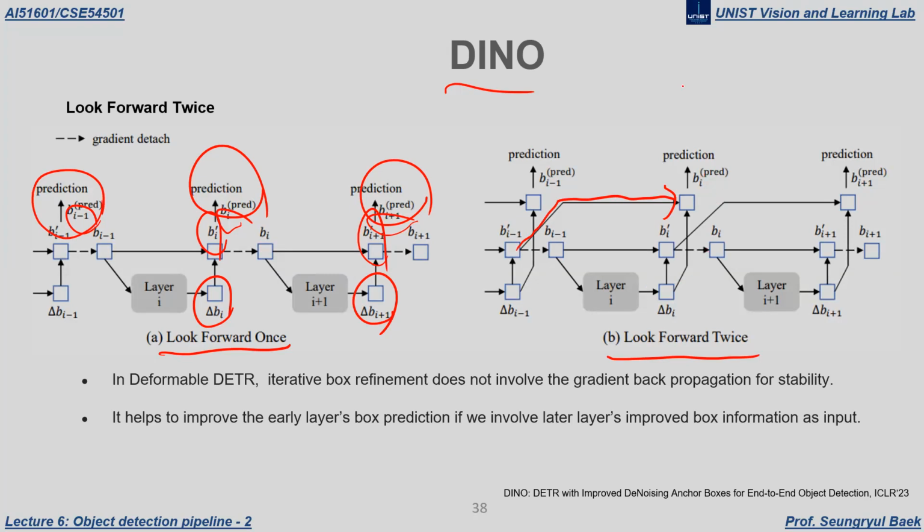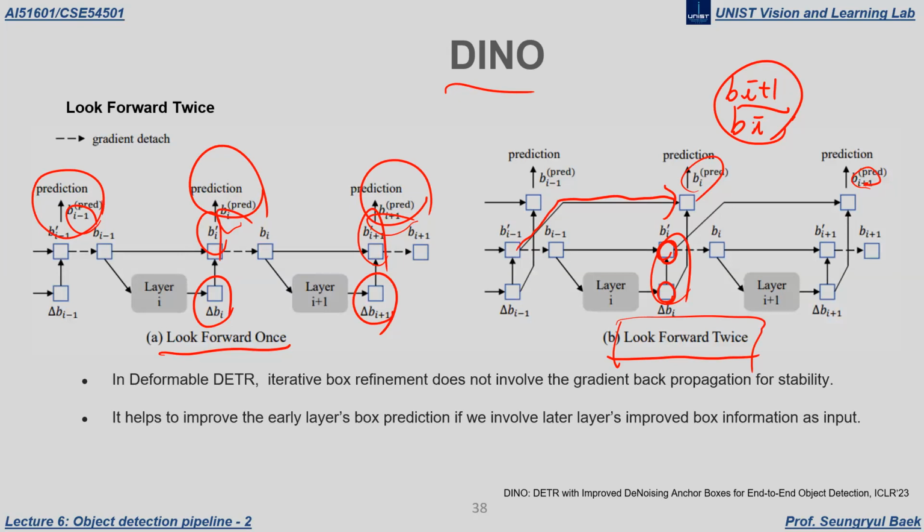As far as I remember, both the I plus 1 and the I's box information are applied to train the network here. So this scheme is called the look forward twice scheme.